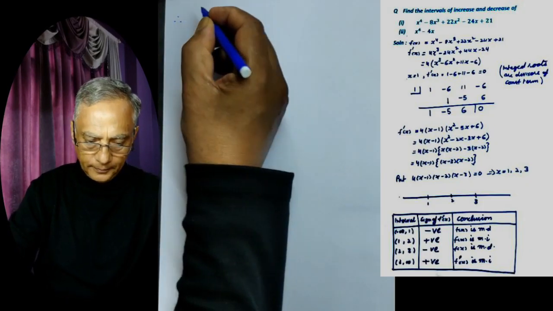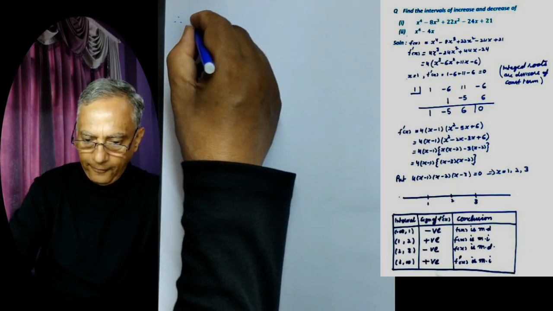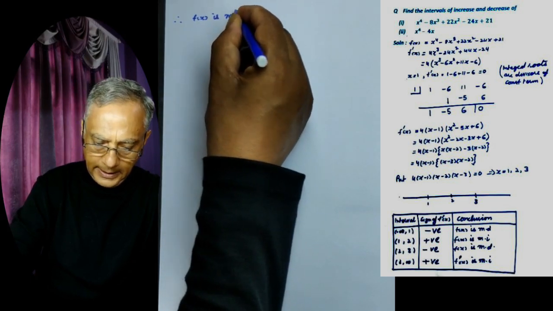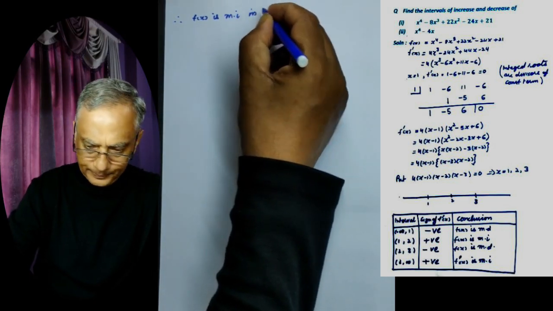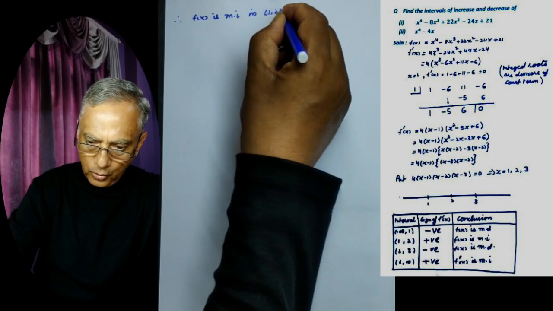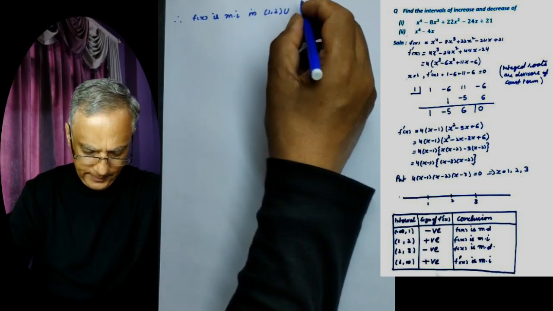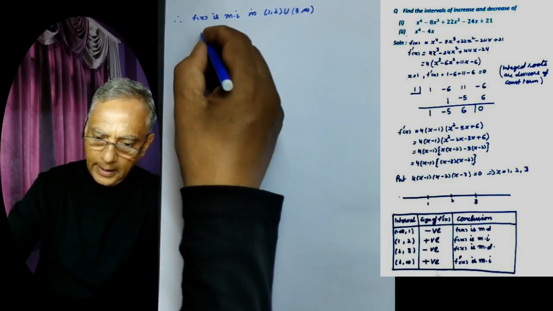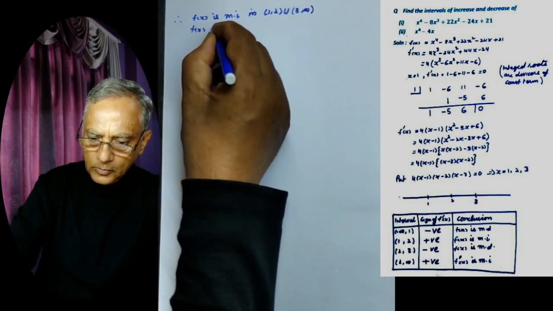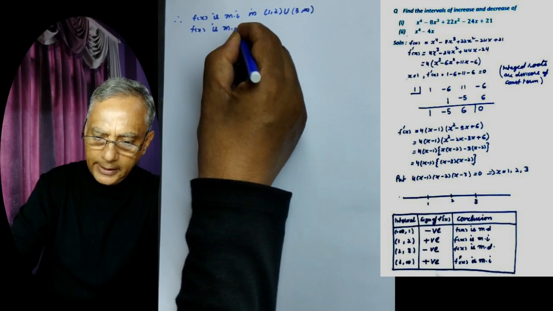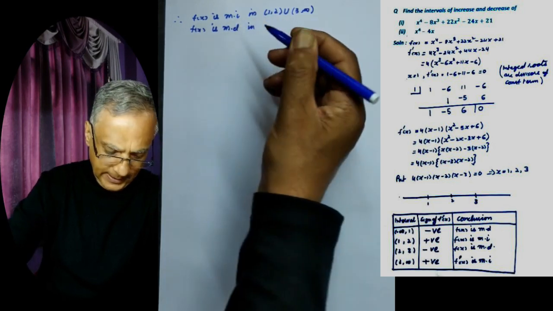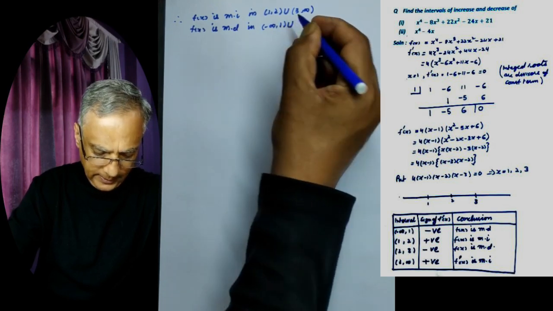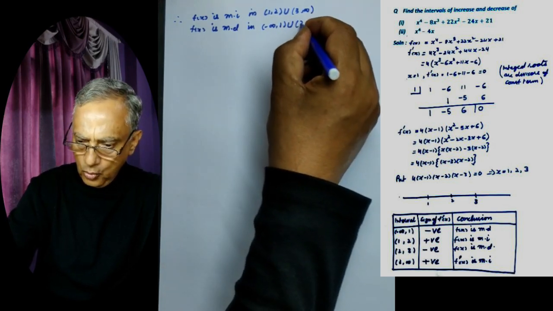Therefore fx is monotonically increasing in 1 to 2 union 3 to infinity, and fx is monotonically decreasing in minus infinity to 1 union 2 to 3.